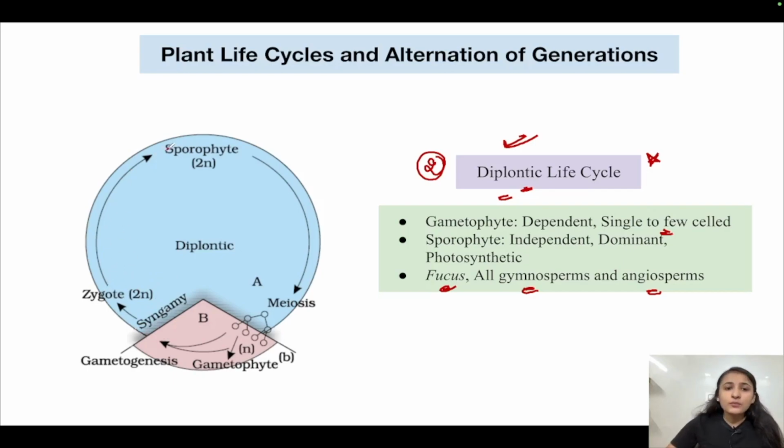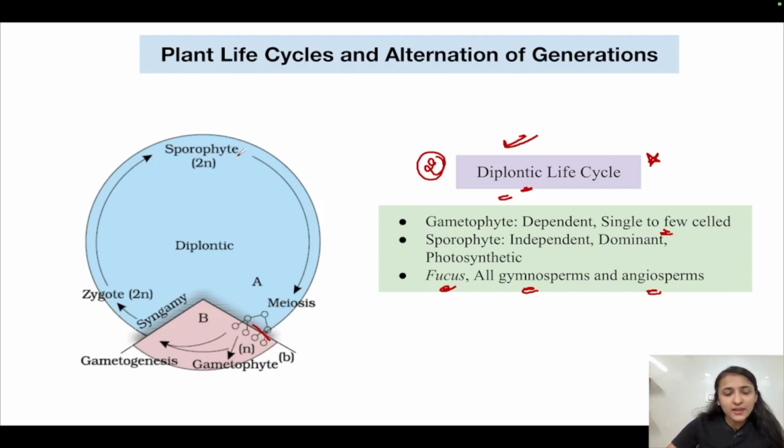The zygote will form the sporophytic plant body via mitosis. The sporophyte will then undergo meiosis in order to form the haploid spores, which again form a part of the gametophytic generation. These spores will germinate into the gametophyte. And this gametophyte will again undergo gametogenesis via mitosis in order to form gametes.